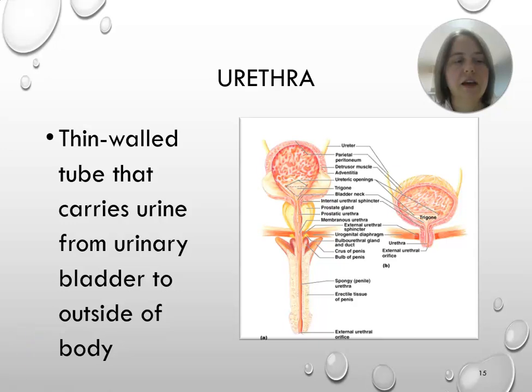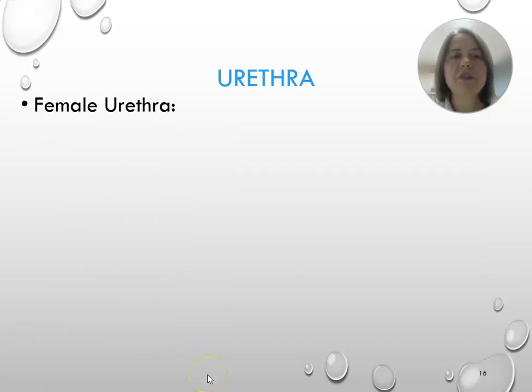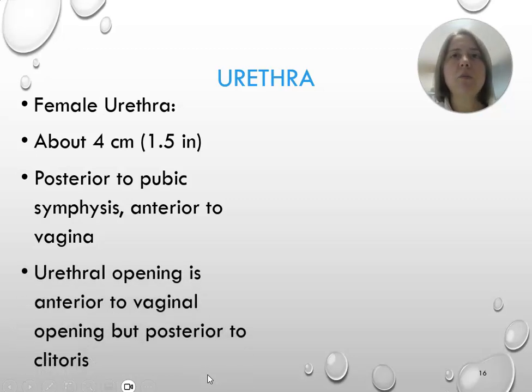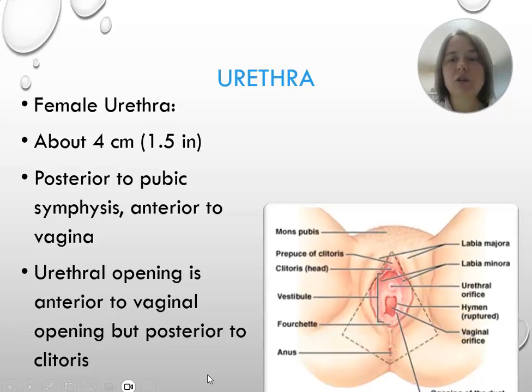Let's talk about the female urethra first. It's about 4 centimeters or 1.5 inches long, and it is posterior to the pubic symphysis and anterior to the vagina. So it's behind that bone, but in front of the vagina. And the urethral opening is anterior to the vaginal opening, but posterior to the clitoris.